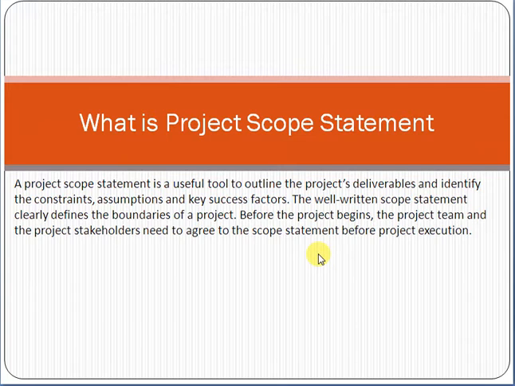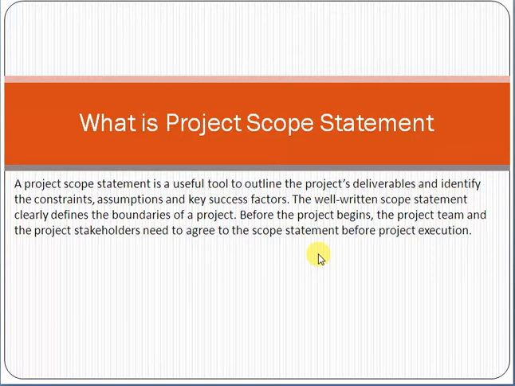They sit together and a high level, basic scope statement will be decided. That means what scope needs to be delivered, what the objectives of the project are, what the constraints are, what the assumptions are, and what the cost of the project is. All these things will be decided at this stage of a project.